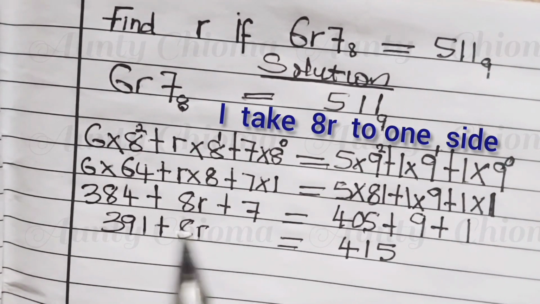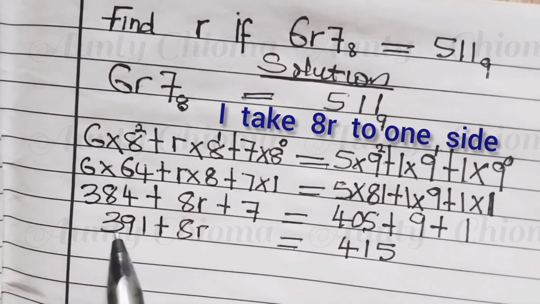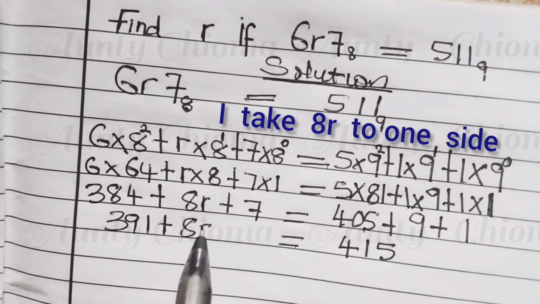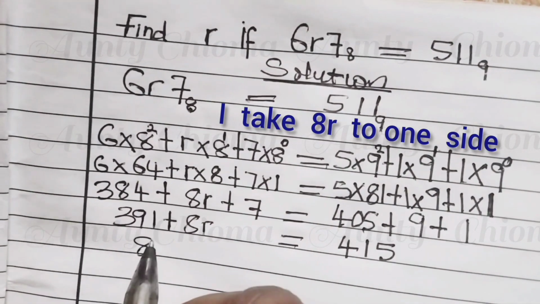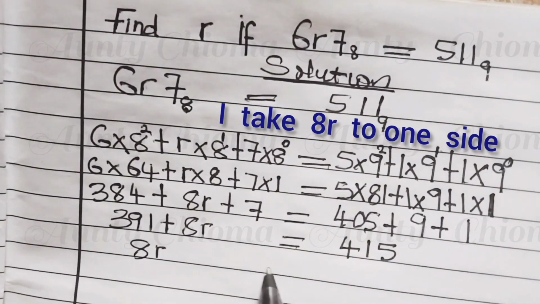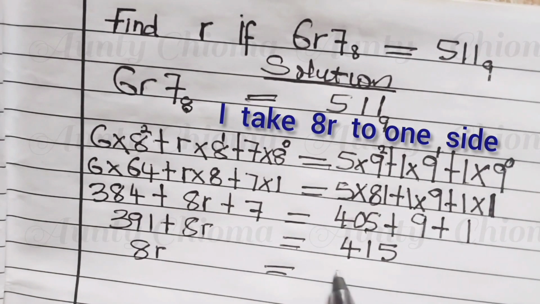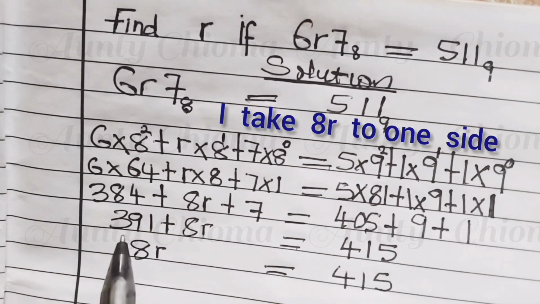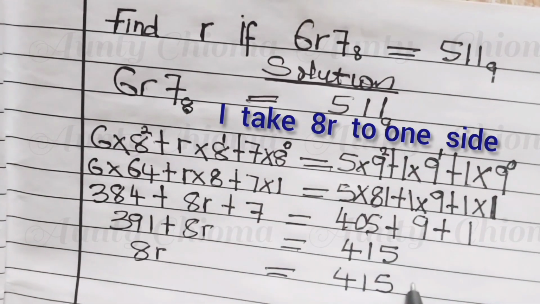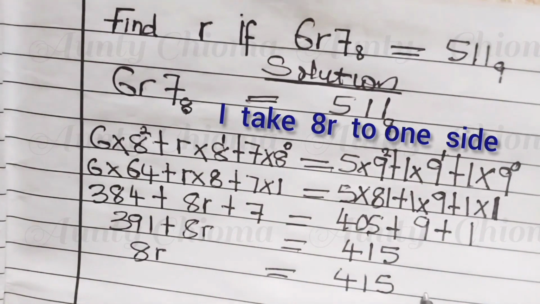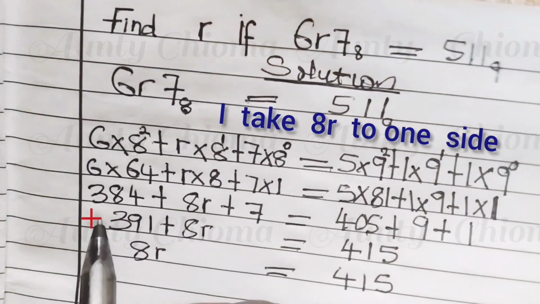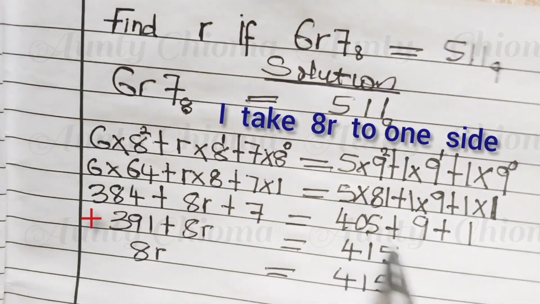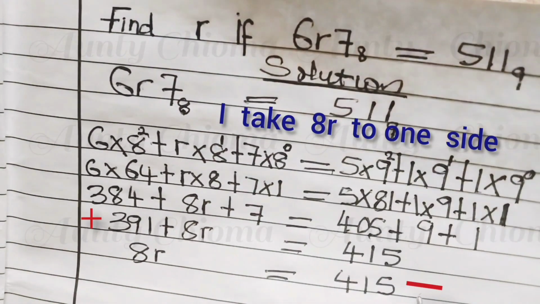I want this 8R to stand alone and this number that doesn't have R to stand at the other side. So I now write it down. 8R is equal to, I write this one down, 415. And I carry this 391 to meet this 415 on this side. Because here it is plus, there's an invisible plus here. When you cross this equality sign and come to this side, it becomes minus.